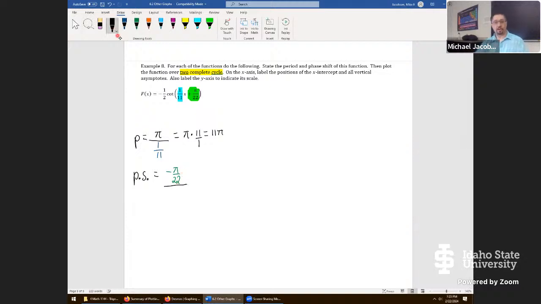I'll write it out this way just for a paper trail if you come back to this problem. Divide by 1 over 11. And now more fraction arithmetic. This becomes -pi over 22 times 11 over 1. We get a nice cancellation going this way, leaving us with -pi over 2.